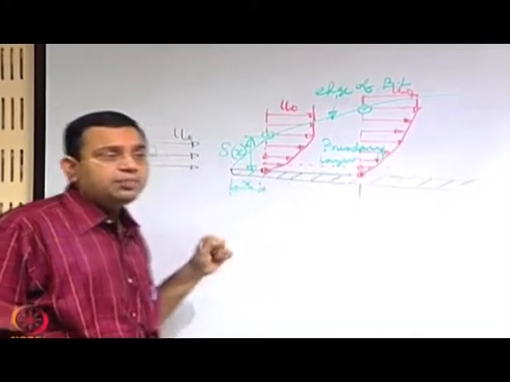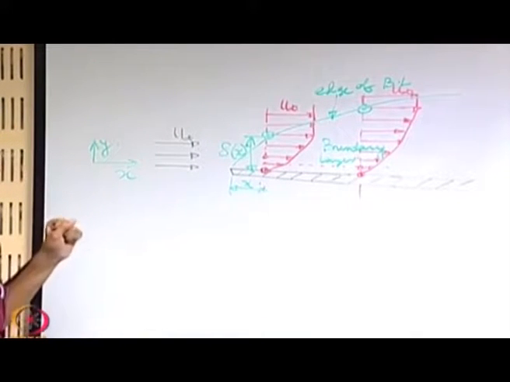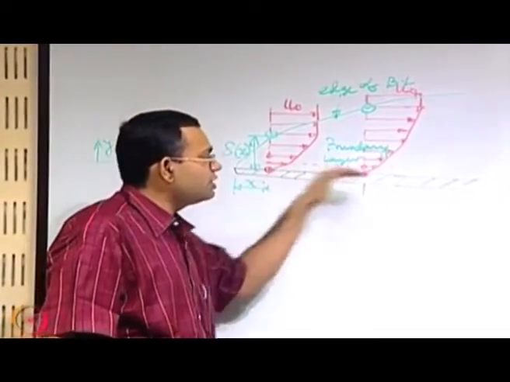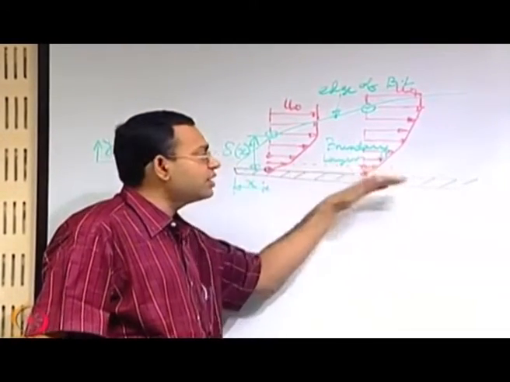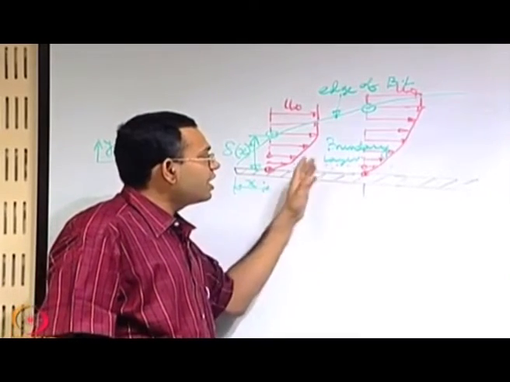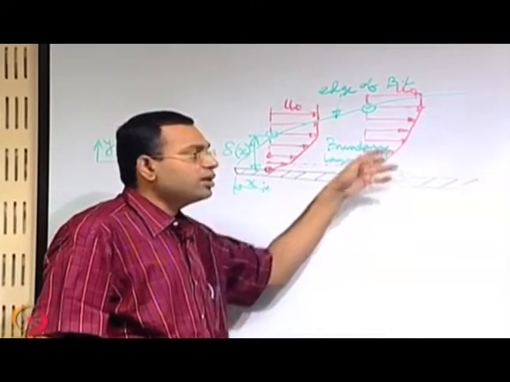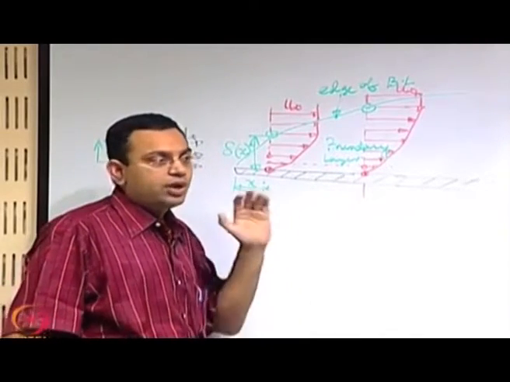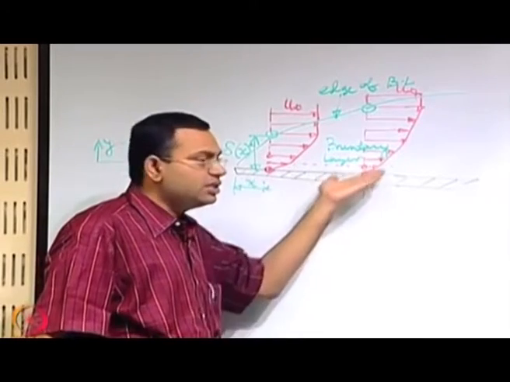From an engineering point of view, what is important? What is important is the total shear force or the shear stress that is acting on the wall, and to know that you must have a detailed picture of how the velocity gradients are shaping up within the boundary layer.